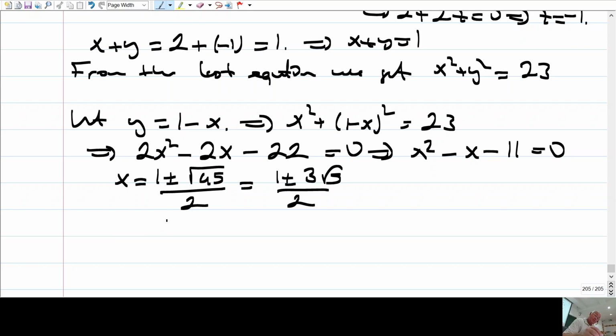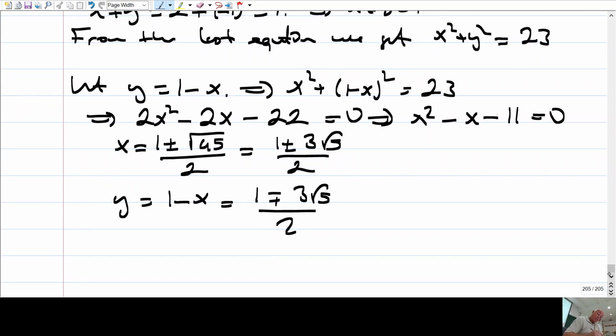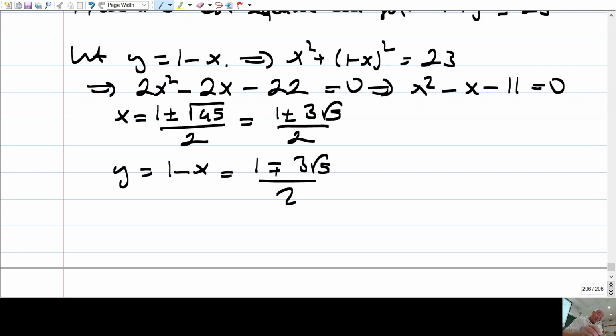So x is this. What about y? Y is 1 minus x. 1 çıkartırsak bundan 1. Şimdi bu artı eksi ise çıkarttığım zaman eksi artı olacak. Evet. Yani şöyle noktaları elde edeceğim. Özür dilerim. X 1 artı 3 kök 5 bölü 2.